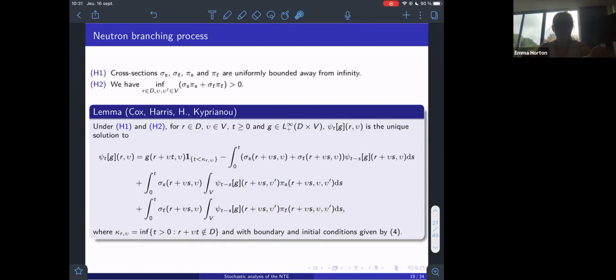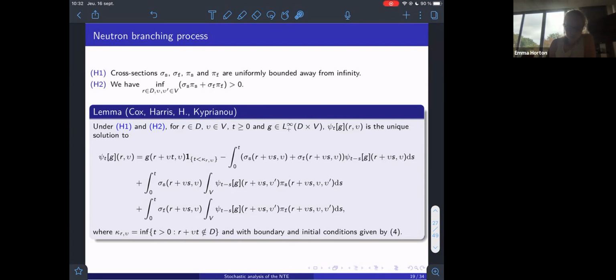However, because of the irregularity of the gradient operator that appeared in the neutron transport equation on the first few slides, if we want to work with general bounded functions, we can't actually look at the gradient of these functions. So what we do instead is look at the mild form of the equation, which is the integral form. This is our probabilistic view.